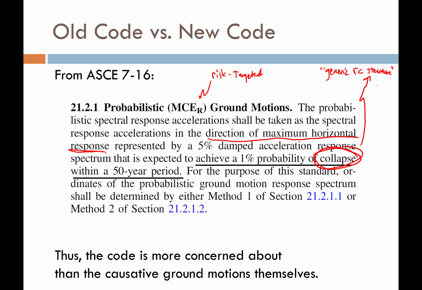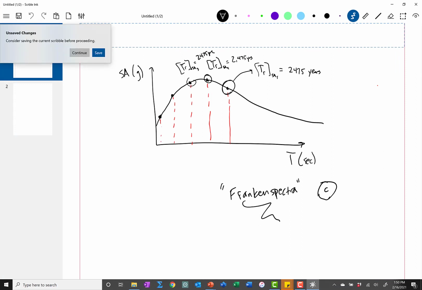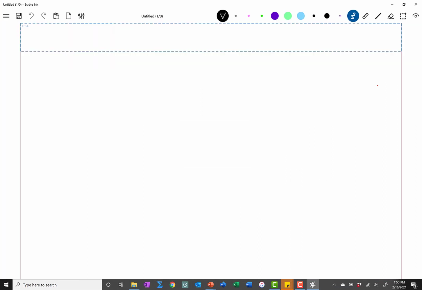And so let's take a moment and talk a little bit about what it means when I say direction of maximum horizontal response. Let's go back to the whiteboard. Hopefully this will be helpful to you. Let's say I'm looking at a map of the state of Utah, and right in this location here I have a ground motion recording instrument.